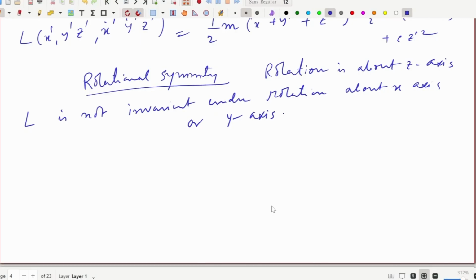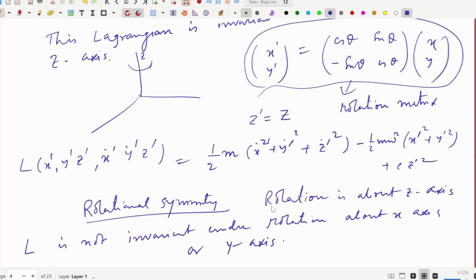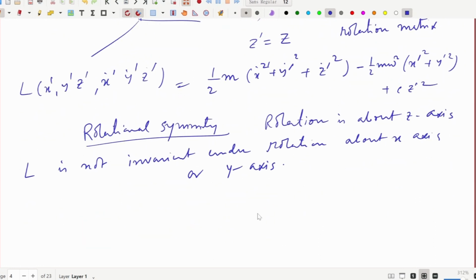Notice that under the rotation about the z axis, x and y change in this fashion, with the matrix cos theta, sin theta, minus sin theta, cos theta, and you can verify yourself that x prime square plus y prime square is basically x square plus y square.